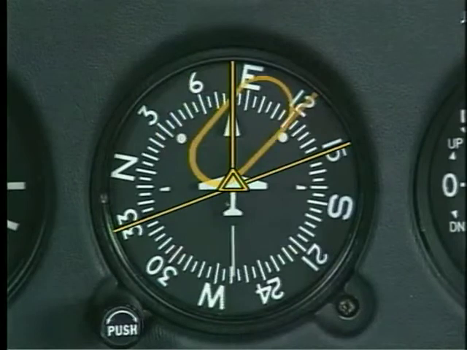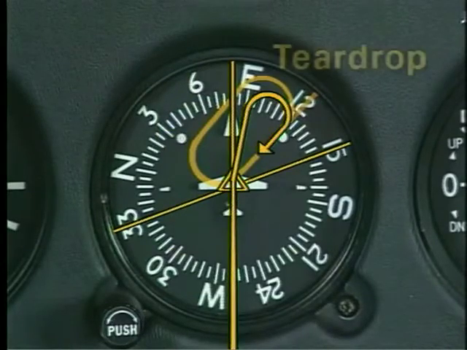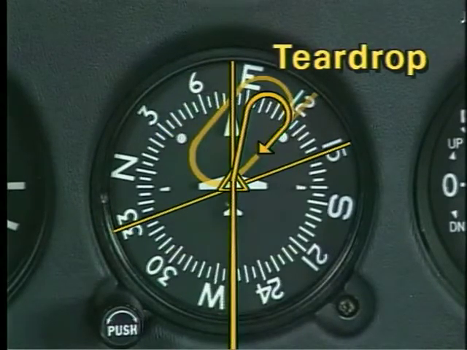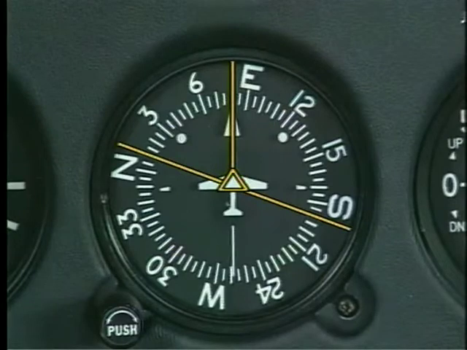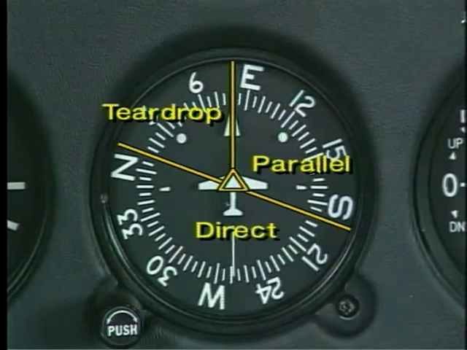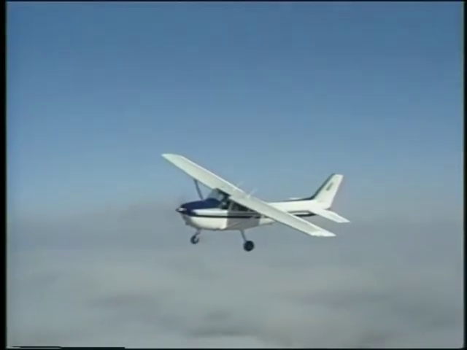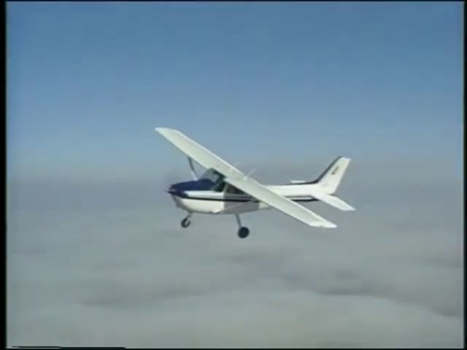When the holding course is ahead and to the right, the teardrop entry is normally recommended. The same procedure can be used for a non-standard pattern. However, in this case, use left turns and reverse the parallel and teardrop entries. When leaving the holding fix, you should report it to ATC.